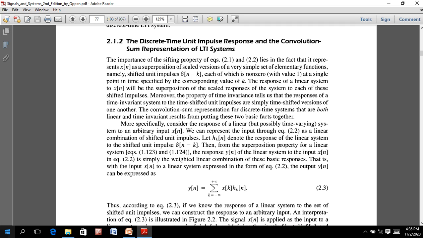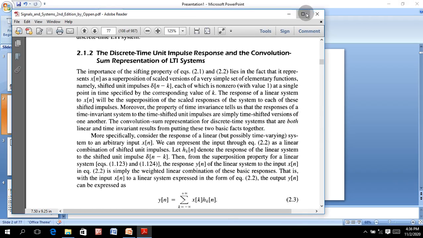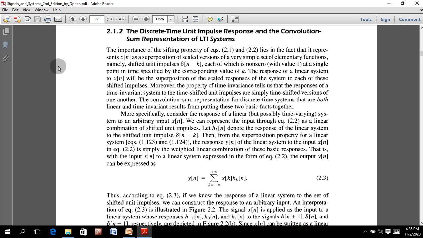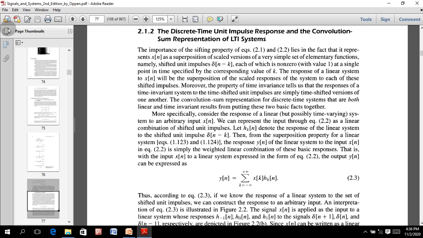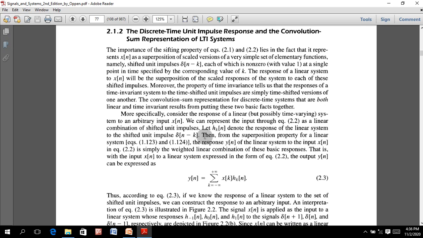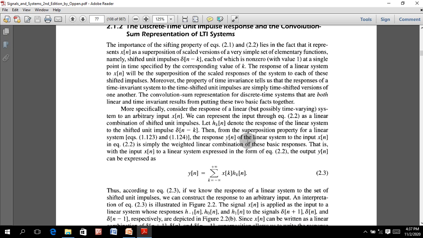Now we realize that we can write this δ(n − k), the impulse signal. This is the shifted unit impulse signal. Suppose we feed this shifted unit impulse signal to a linear system.